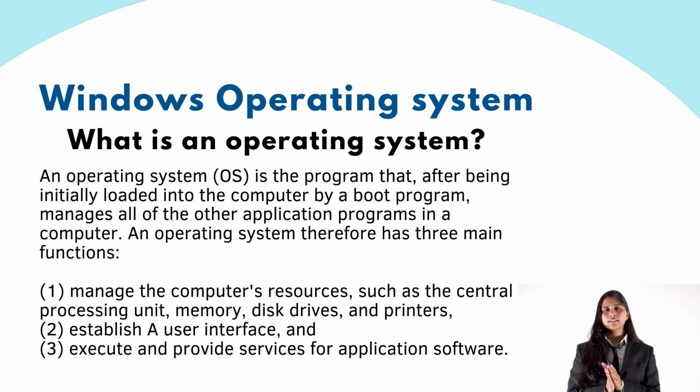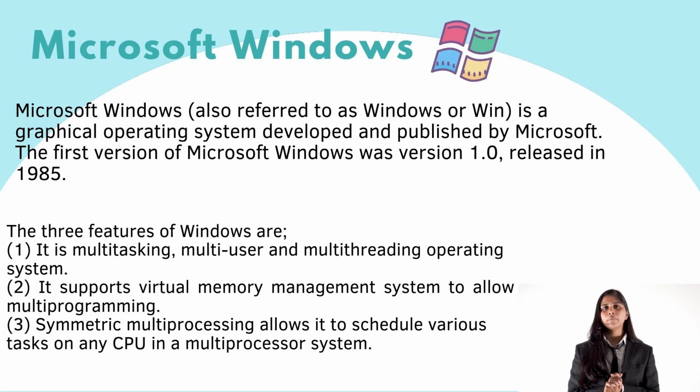Coming to our next thing under this topic, that is Microsoft Windows. Microsoft Windows, also referred to as Windows or Win, is a graphical operating system developed and published by Microsoft. The first version of Microsoft Windows was version 1.0, which was released in 1985.